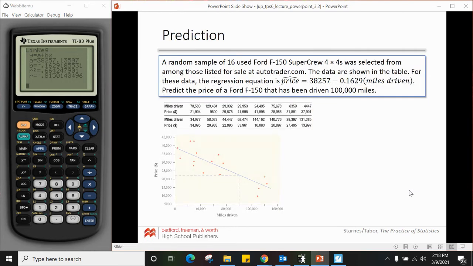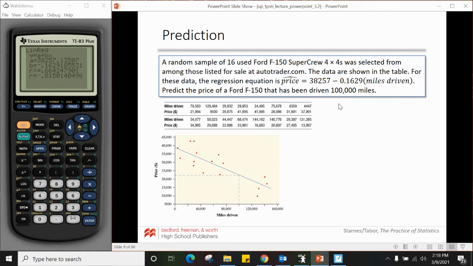And boom, actually before I even get there, I can see I did this regression line and I see, hey, I had the exact same equation. Y hat equals 38257 minus 0.1629 times miles driven, or in this case, x. So that's how you do your linear regression.